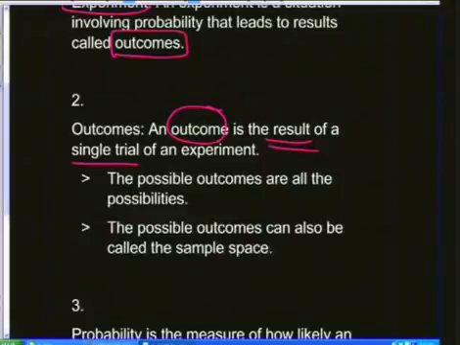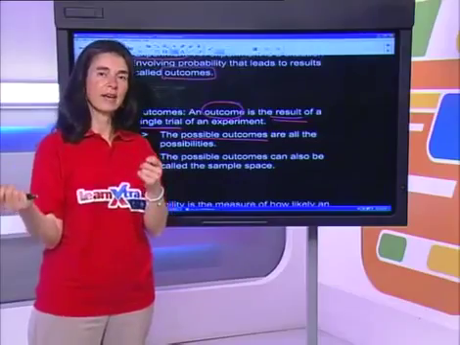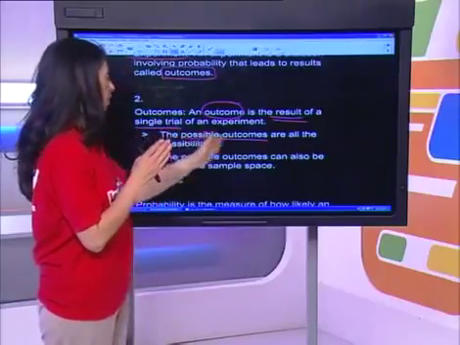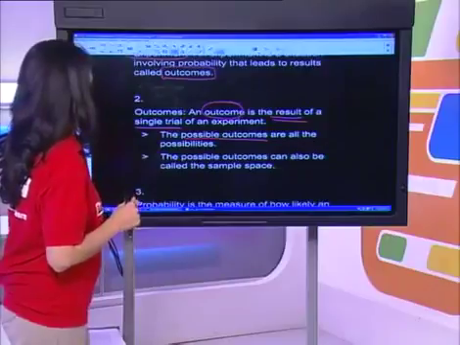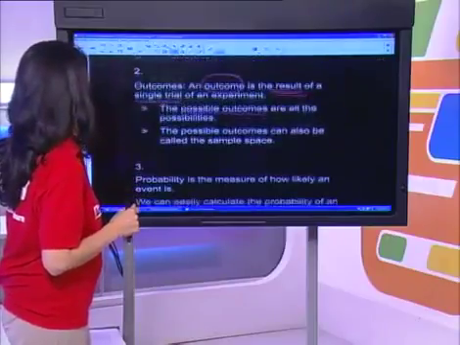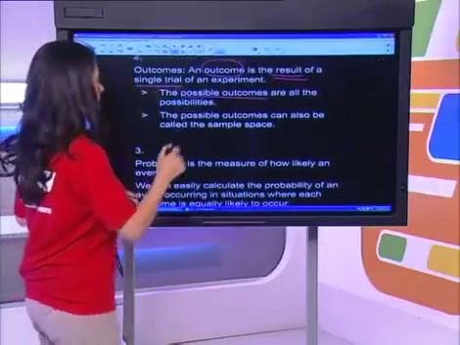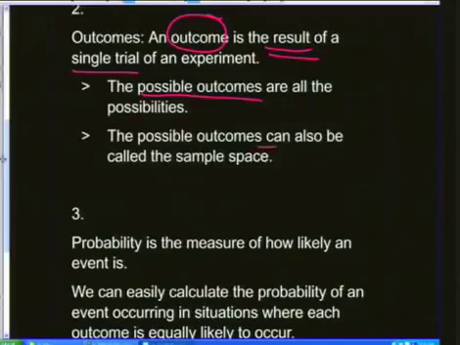The possible outcomes are all the possibilities that I can have. So for example, if I toss a coin, I can have either a head or a tail. So my possible outcomes are a head or a tail. And those possible outcomes, if we're going to work with Venn diagrams later, are also known as the sample space.